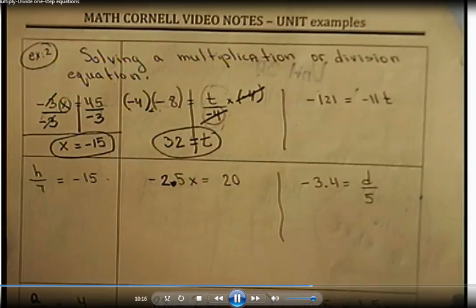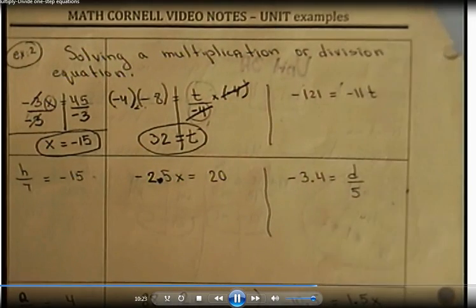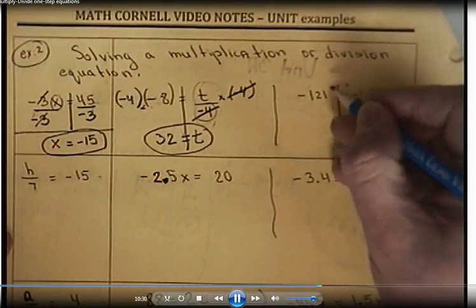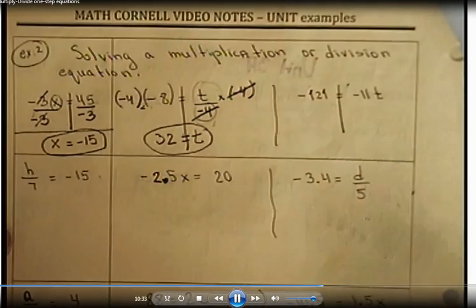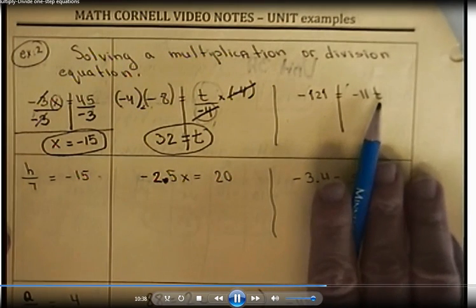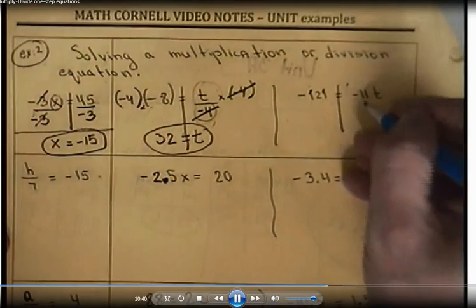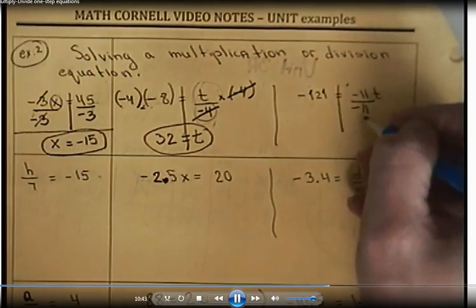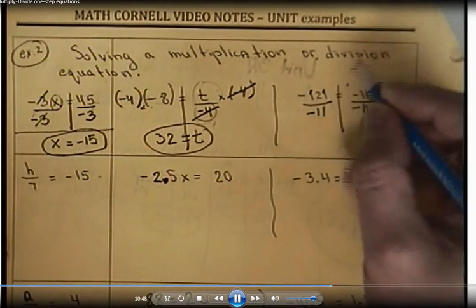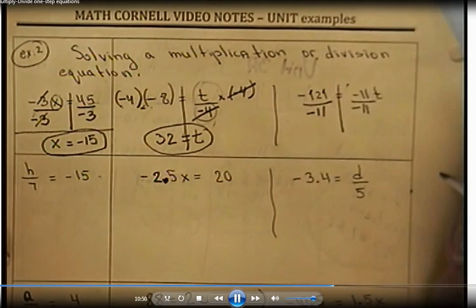Okay, I know it may sound a little bit confusing at the beginning, but that was the same thing at the beginning of the video. So once we do more and more examples, you will feel much more comfortable. So let's take a look again at this one. We have -121 is equal to -11 times t. So what is the opposite of multiplication? It is division. So we want to divide left side and right side by -11.